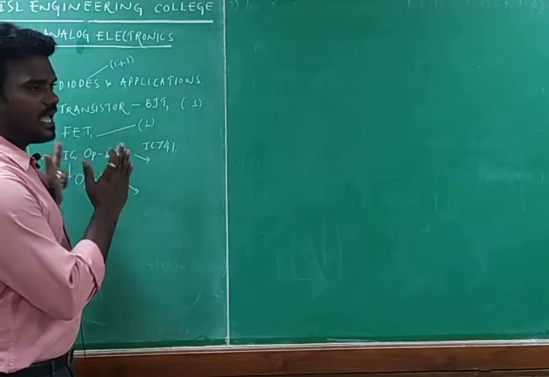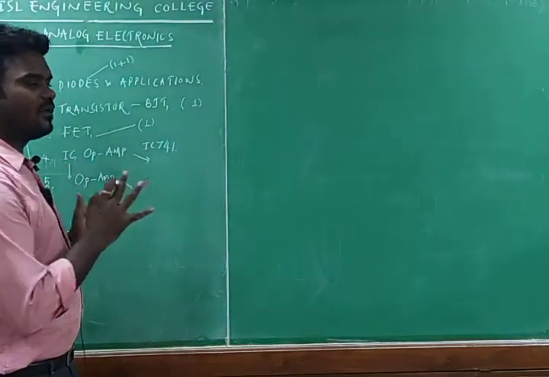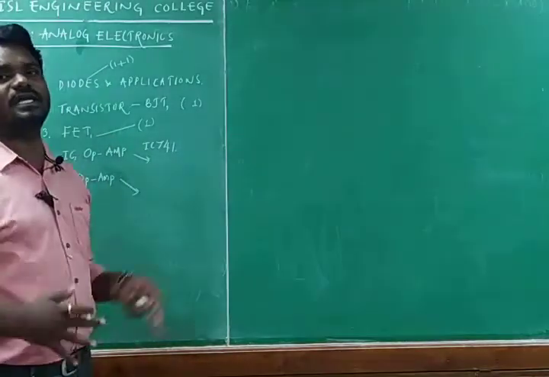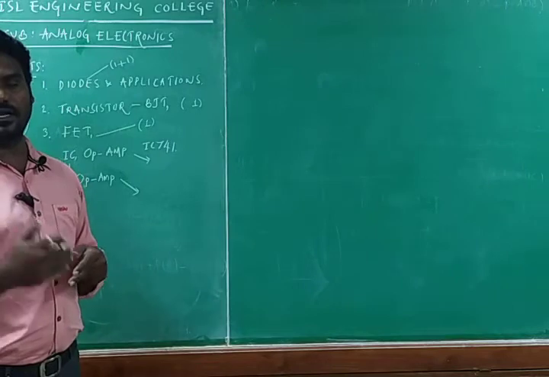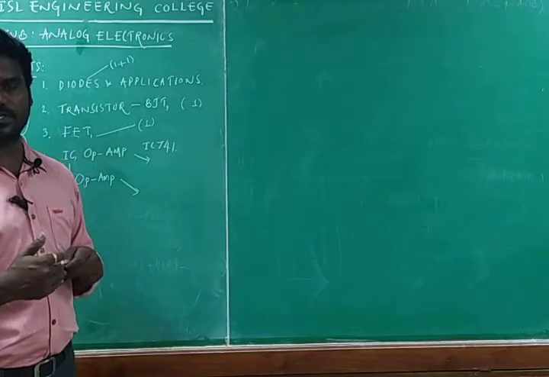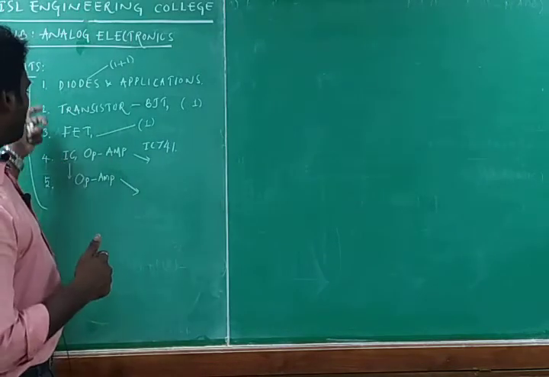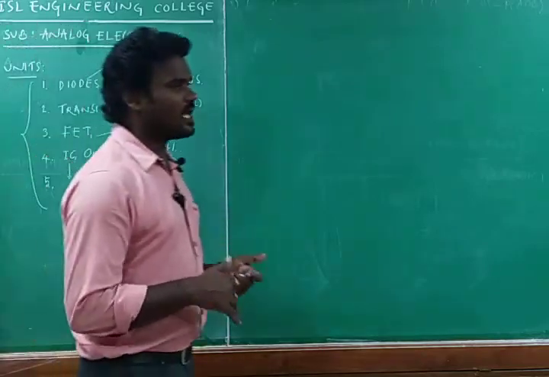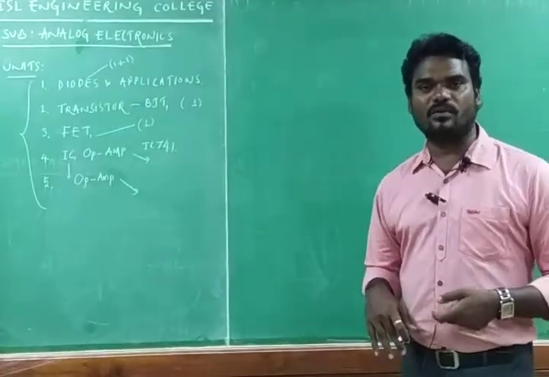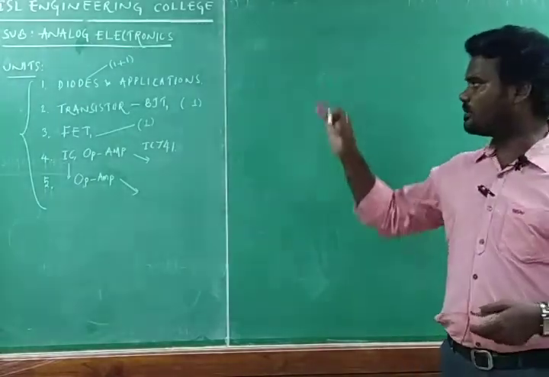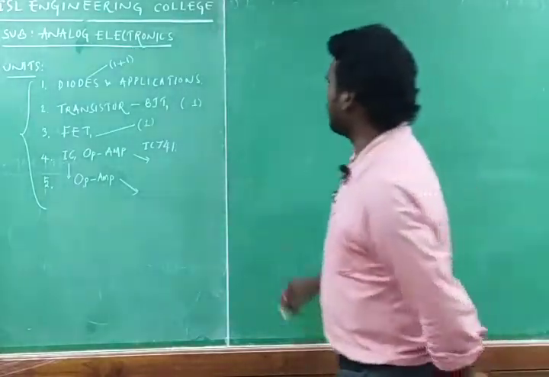This analog electronics subject will give all the roots to study all the remaining electronic subjects in the coming semesters. So put some more focus on analog electronics to get the fundamentals or basic things about electronics. Then I am going to talk about unit 1.